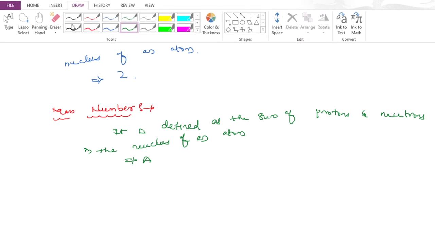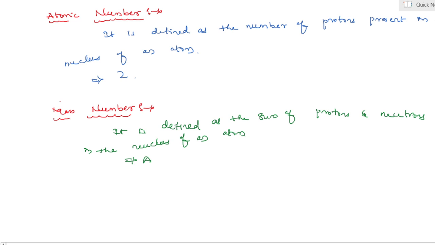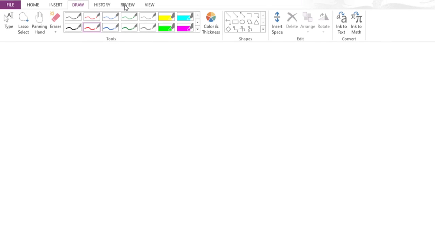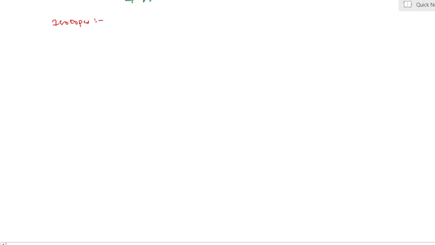Now let us see what is meant by isotopes. All of you already know the definition of isotopes. Isotopes are the atoms of the same element having same atomic number but different mass number.